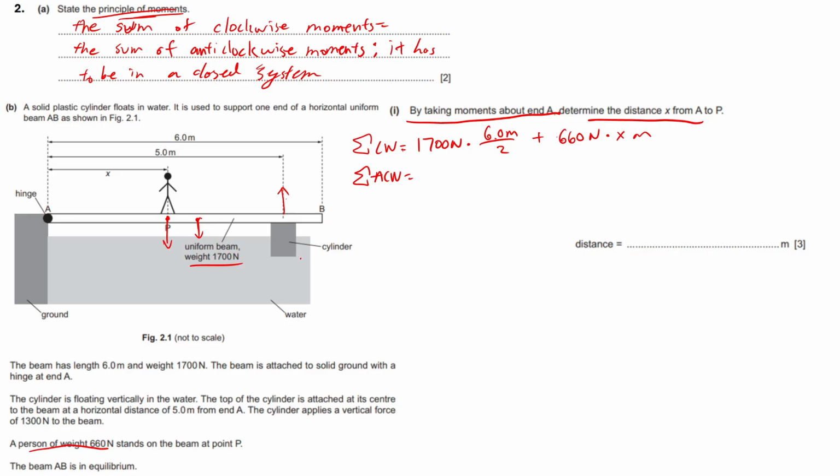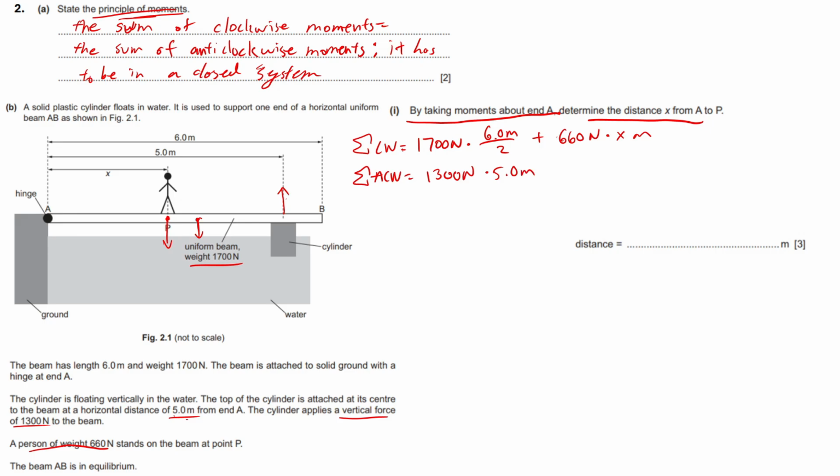And then now we have the anti-clockwise moments, which is just going to be the cylinder. And they do give information about the cylinder that it is 5 meters away and has a vertical force of 1300 newtons. So it's going to be 1300 multiplied by 5.